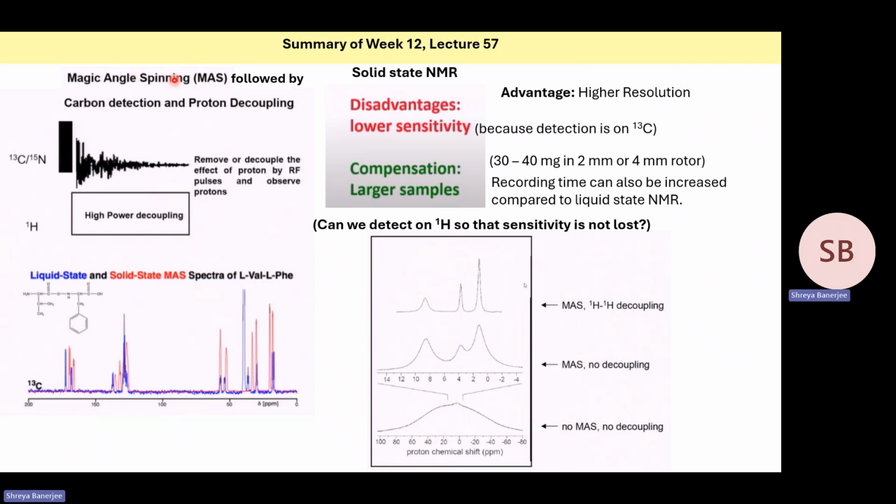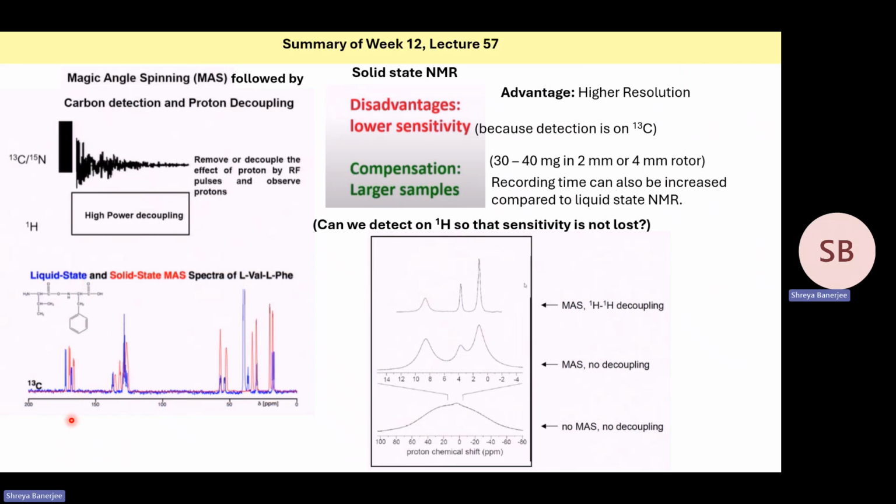So you can see here, this is magic angle spinning. Once you do magic angle spinning, followed by proton decoupling using RF pulses, and you detect on carbon after cross polarization, then you can see here the liquid state and solid state spectra are very similar.